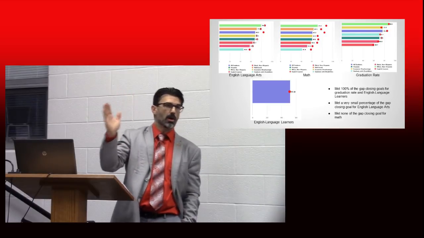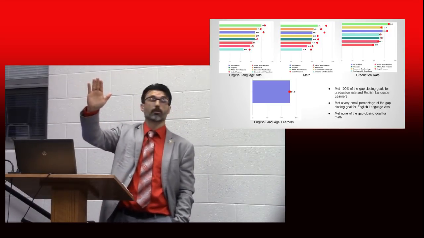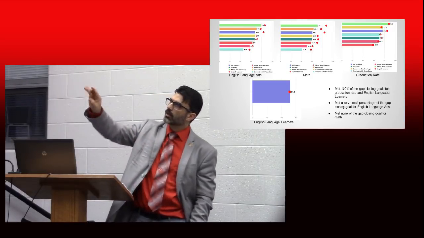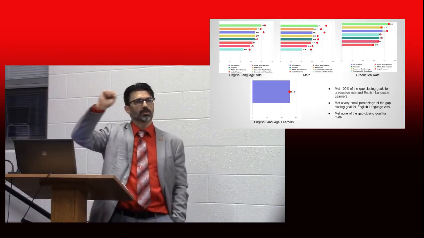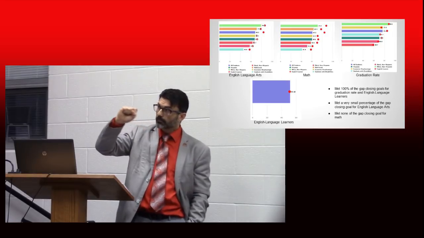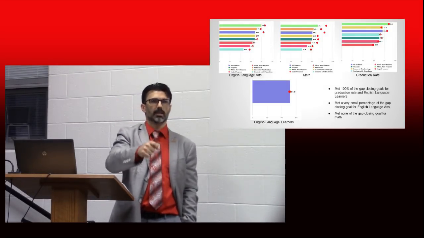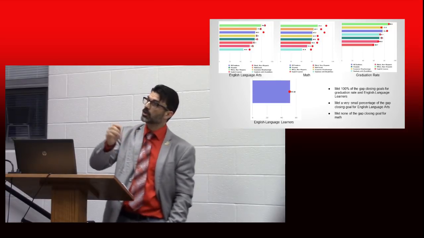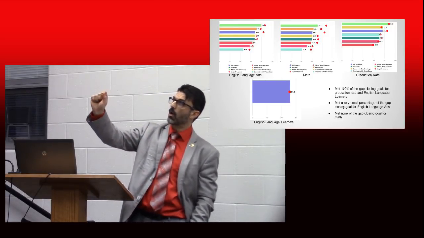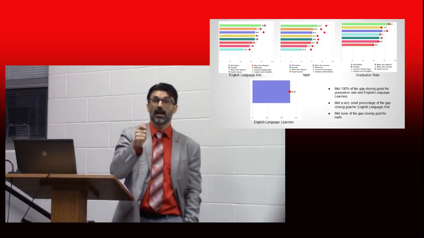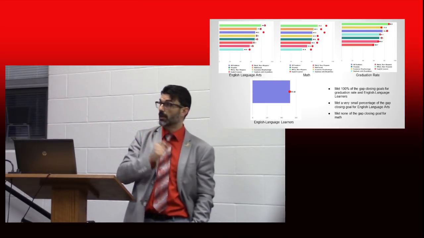So the length of the bar shows you the performance of that particular group for our kids. You'll see out to the right of each one of those bars is a dot. Each one of those dots is the state goal for that particular group. All right? So anywhere where you see the bar touching the dot, that means that we already met that goal. We already achieved that goal set by the state.